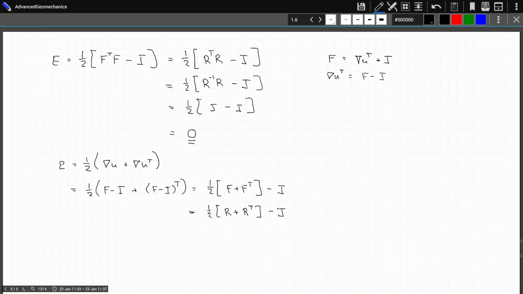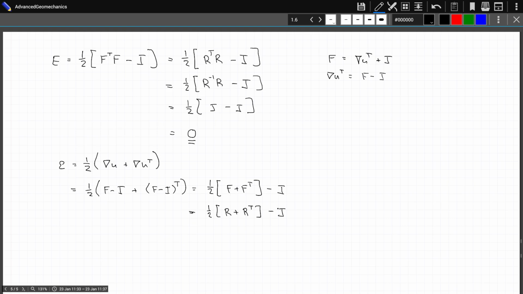So when is this equation zero? When R is equal to I. Only when R is equal to I, right? So when R is equal to I, then I have I plus I, and I transpose is I, right?